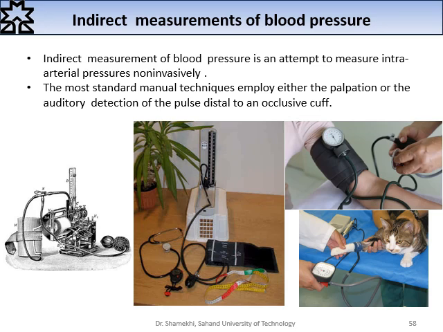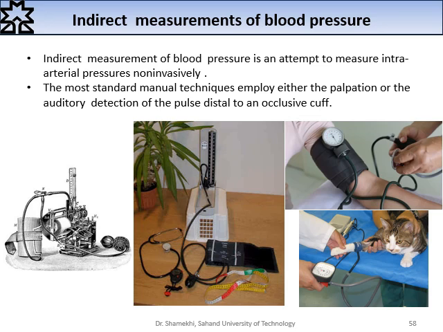Indirect measurement of blood pressure is an attempt to measure intra-arterial pressure non-invasively. Non-invasively means that we want to measure pressure from outside the body, from the surface, and we don't want to insert anything into the body, into the vessels.